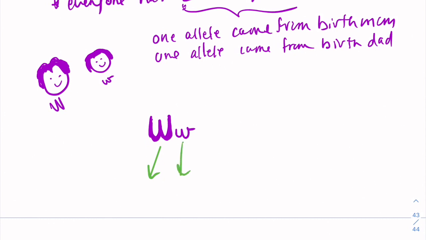One or the other. You don't give both. So if you're heterozygous for something, you could give either a dominant allele or a recessive allele to your kids.